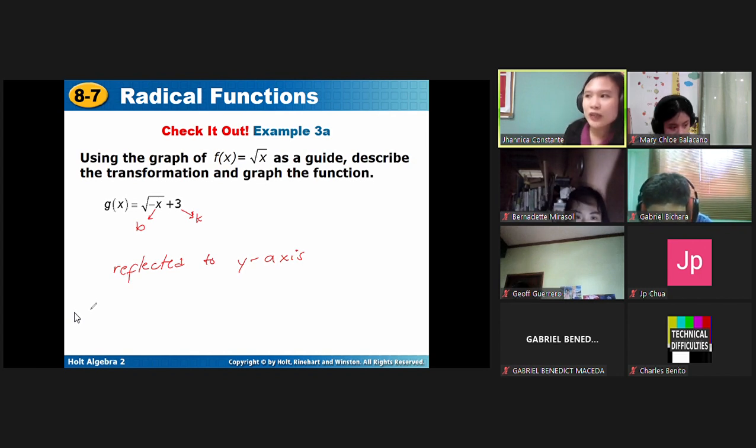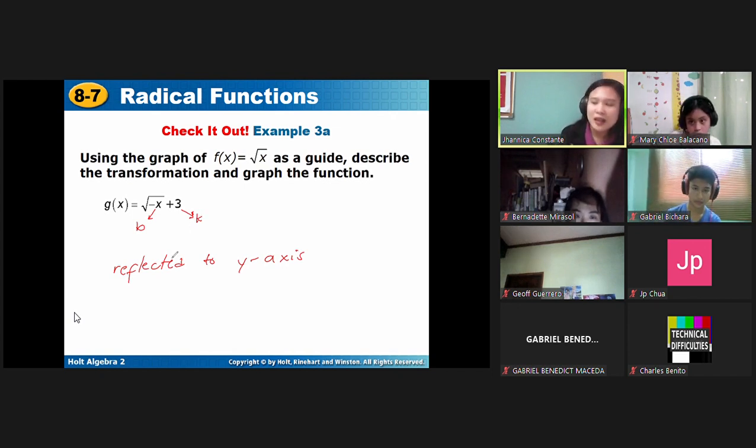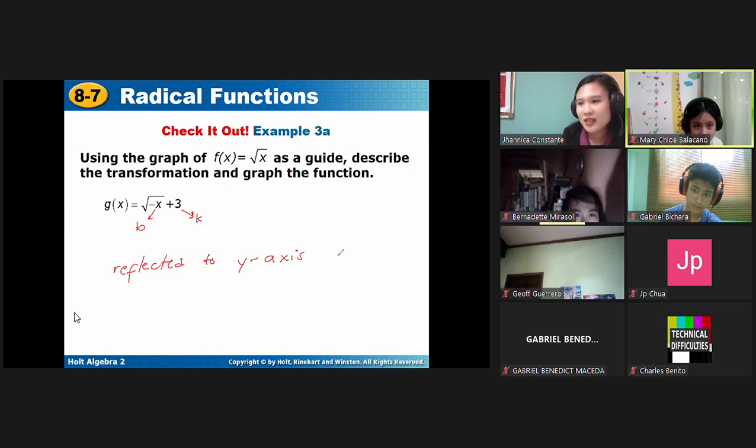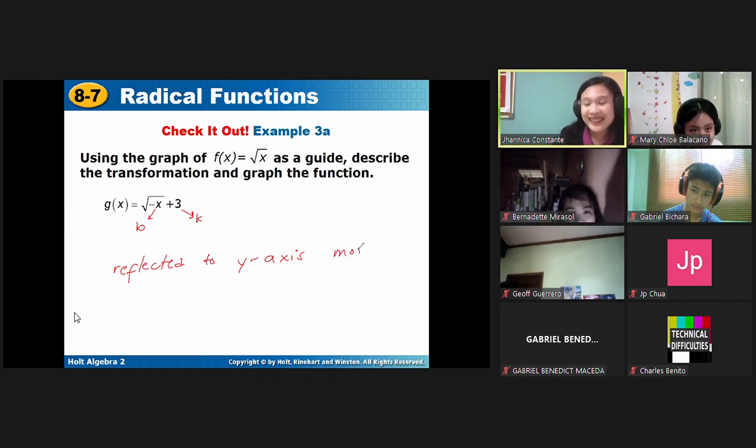Since we don't have h in our radical function, the thing that we have is our k. How many units did our radical function move vertically? Is it upward or downward? Since we have positive, it moved 3 units upward.